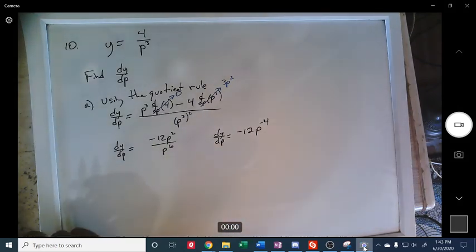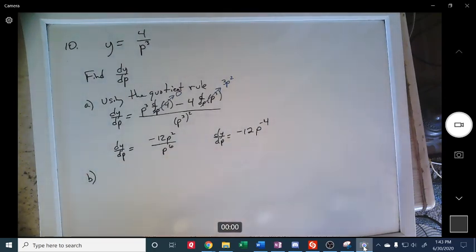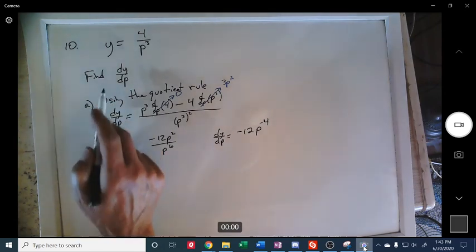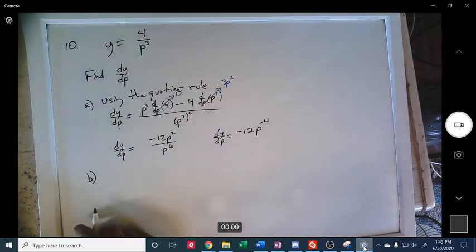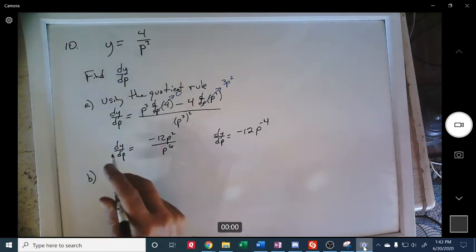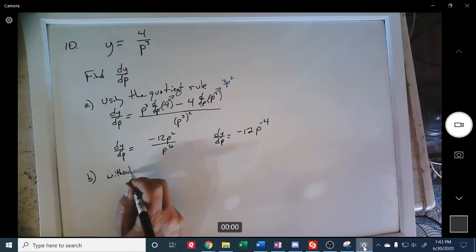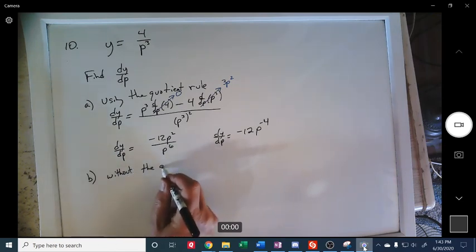Would you get the same answer if you did 4 times p to the negative 3rd? That is very good. That's anticipating what my part B was going to be. Great job. So now we're going to do this without the quotient rule.